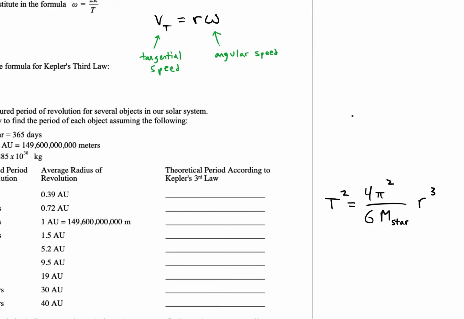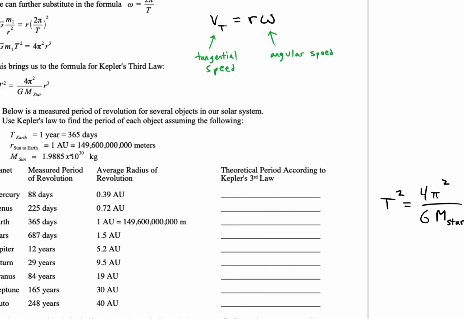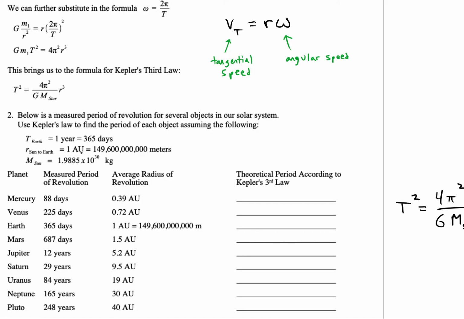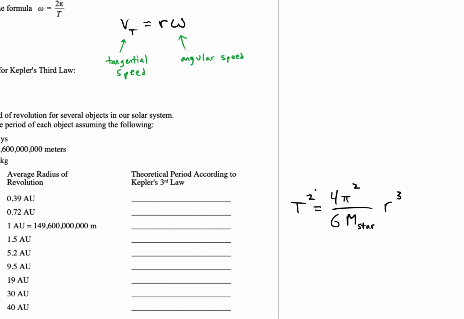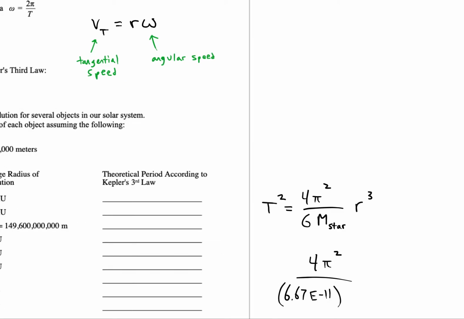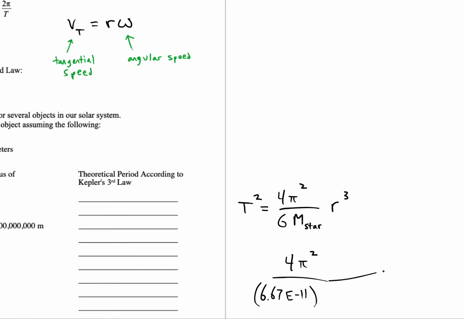Alright, so there's Earth's distance from the sun to Earth. We're going to need that. So we'll do 4 pi squared, 6.67 times 10 to the minus 11. That is G. Mass of the sun, 1.99 times 10 to the 30.